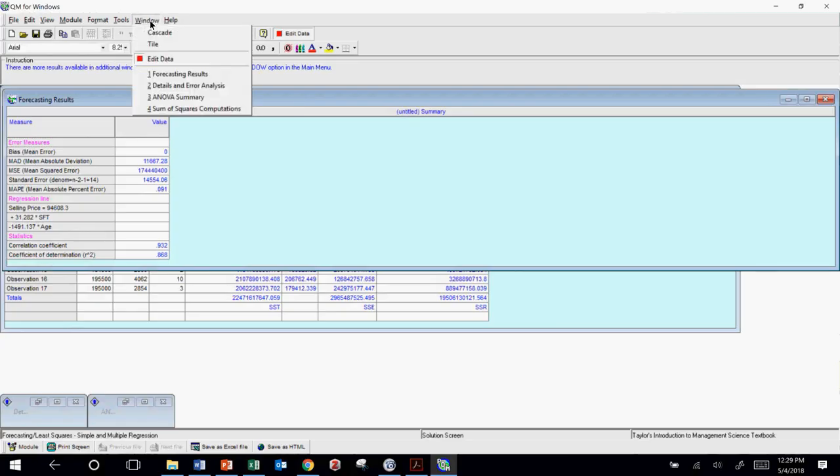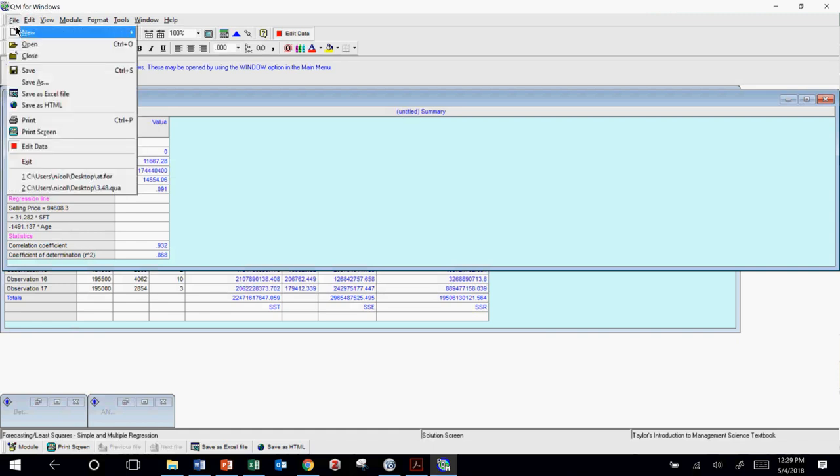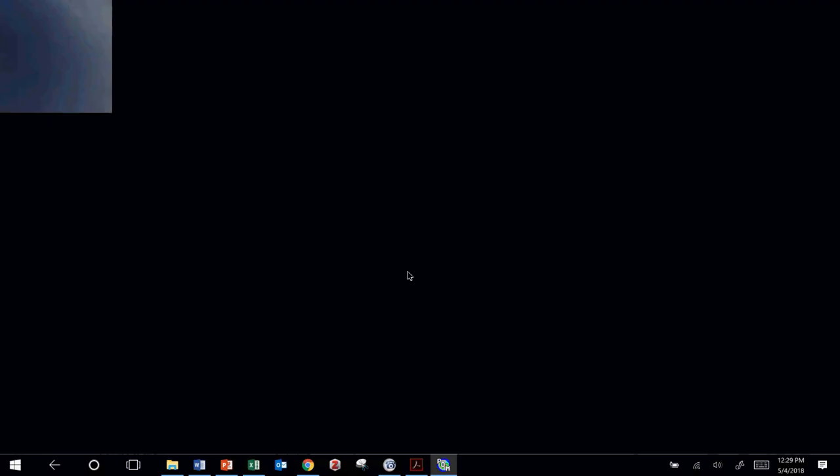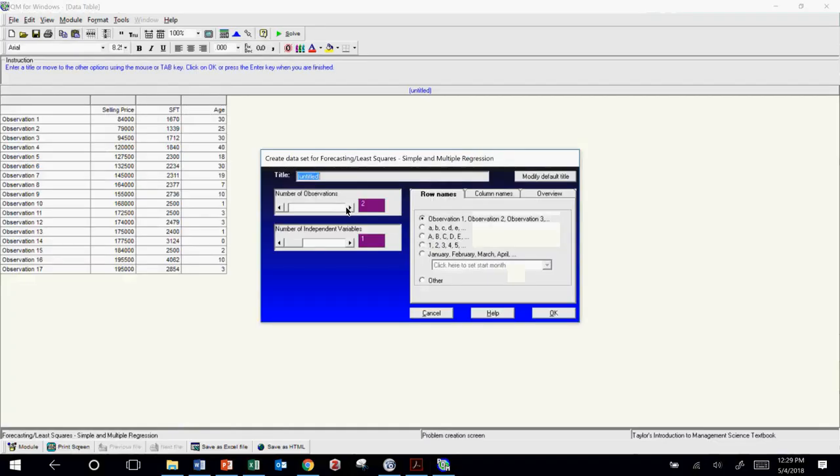When you do need to do the chart or detail analysis, you may need to put your results in Excel to do an Excel chart. Let's see if our least squares with a single variable is going to give us a chart.